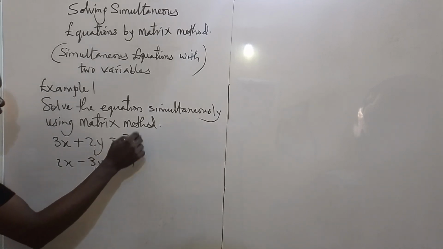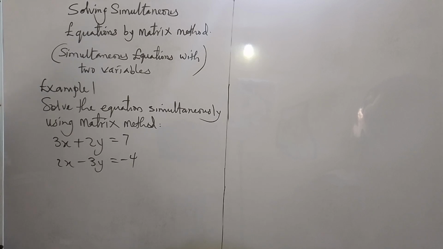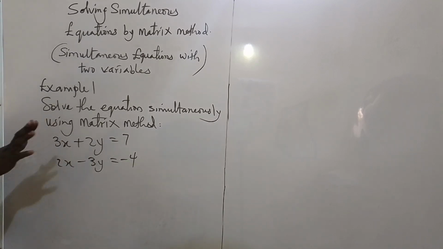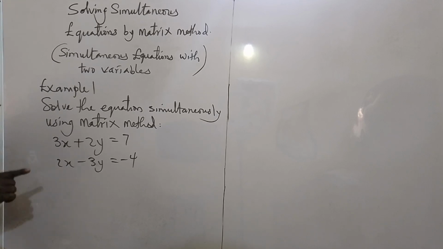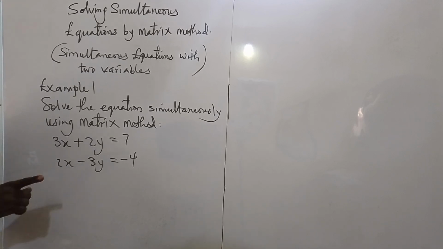So we have these equations to solve using the matrix method. Now, how do we solve this using the matrix method? This is not Cramer's rule, it is the matrix method.